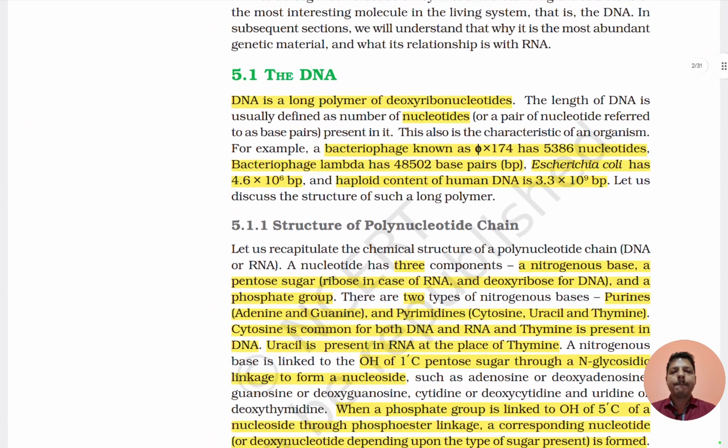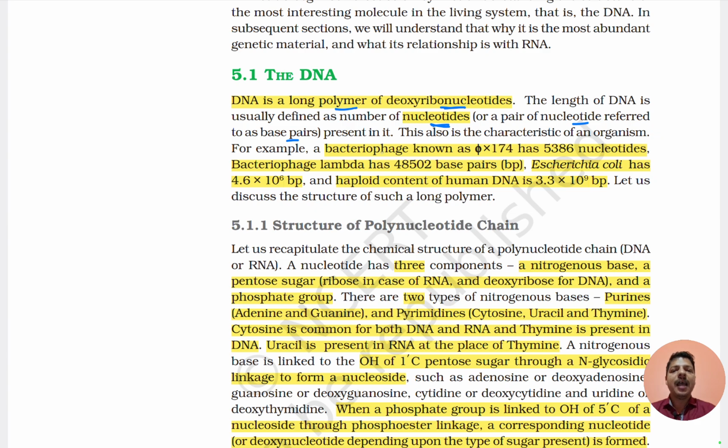The DNA. As you can see, DNA is a long polymer of deoxyribonucleotides. The length of DNA is usually defined as a number of nucleotides, or a pair of nucleotides referred to as base pairs, present in it. This also is the characteristic of an organism.